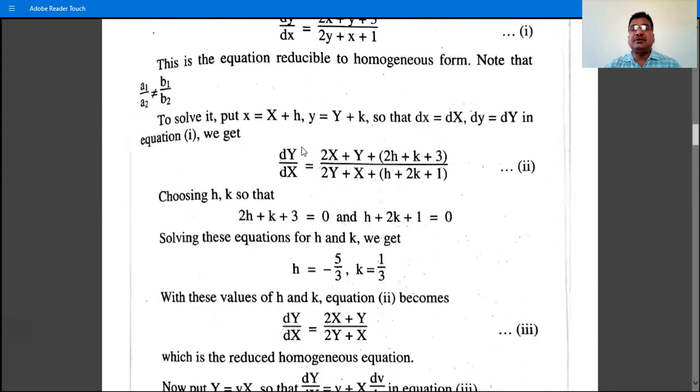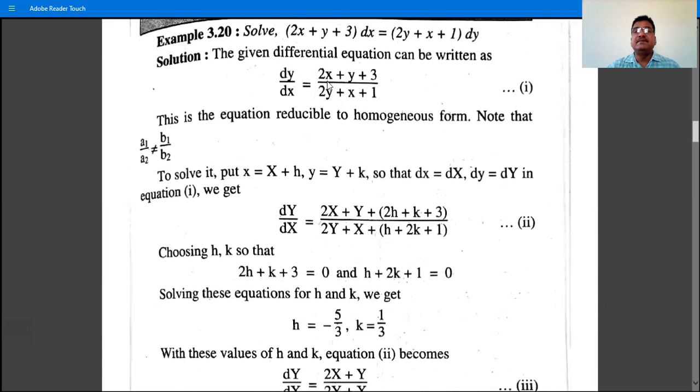So after substituting x as X plus h and y as Y plus k in the numerator and denominator, collect the coefficient of X, Y first. So we have 2X plus Y plus (2h plus k plus 3).